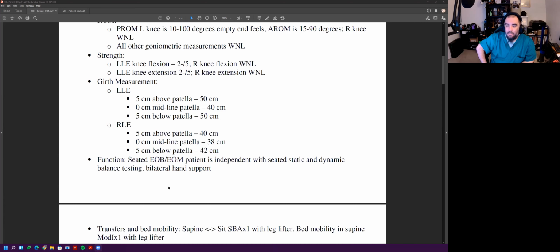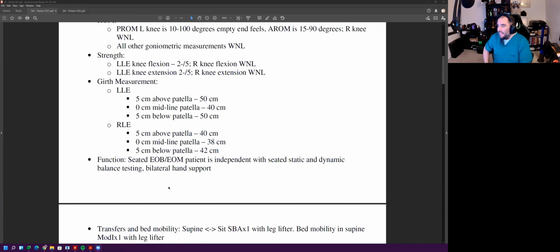So what does that mean? Could you leave this patient at the edge of the bed and go get equipment? Yeah, because she's independent. She can do most of her stuff. She can sit there as long as she has both her hands on the mat, she's safe.